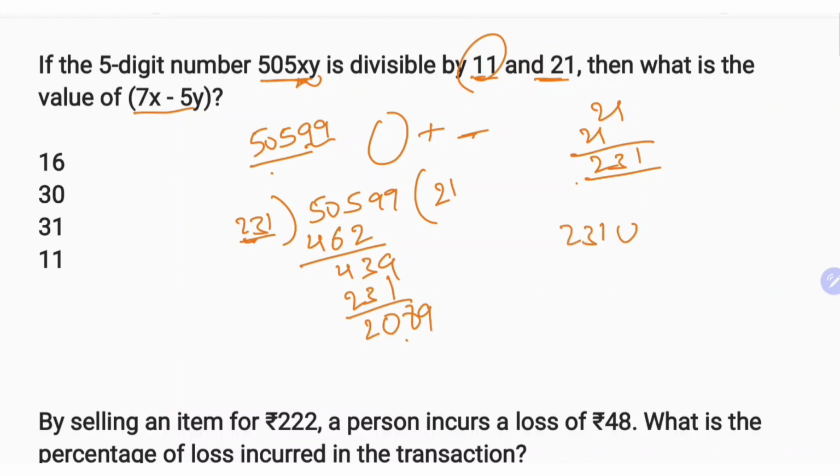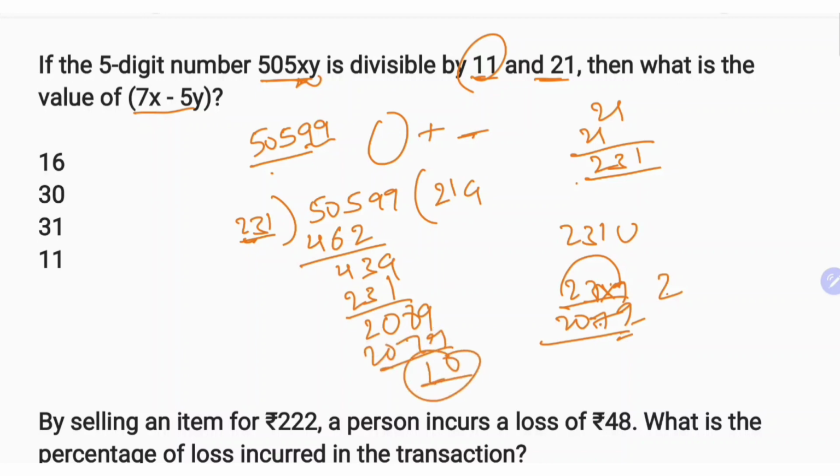Above 10, below 9. Can you check? 9 times 231 is 2079. Subtracting, the remainder is 10. So obviously 99 minus 10 is 89. Here the x value is 8 and the y value is 9.